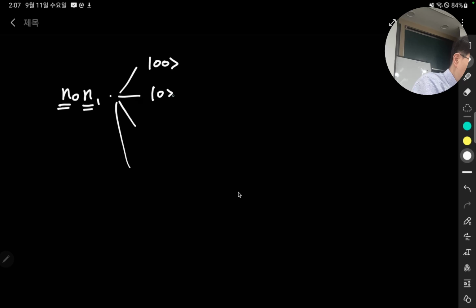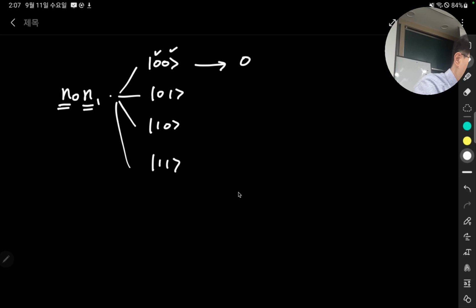So when I apply n0 and n1 on a 2-qubit state, there are 4 possible 2-qubit states: 0 0, 0 1, 1 0, and 1 1. If it acts on 0 0, n0 and n1 kills the cat 0, so it kills both of these cat states.